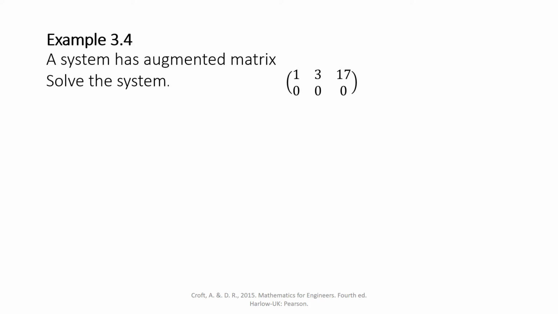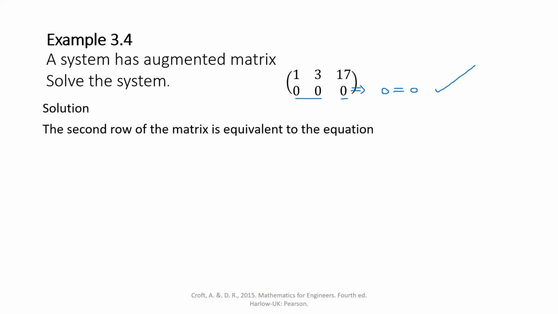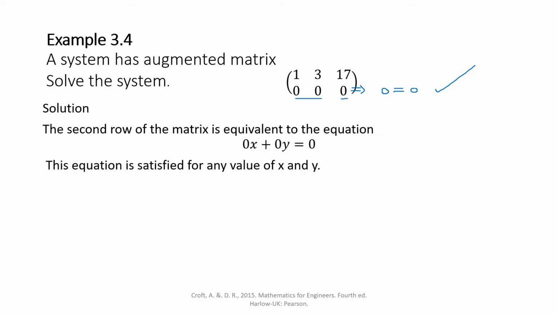In this example, if we look at the second row, the left side is 0, because x and y are both 0, and the right side of the equation is 0, so 0 equals 0. So I already explained this is equal to 0, so this equation is satisfied, true.